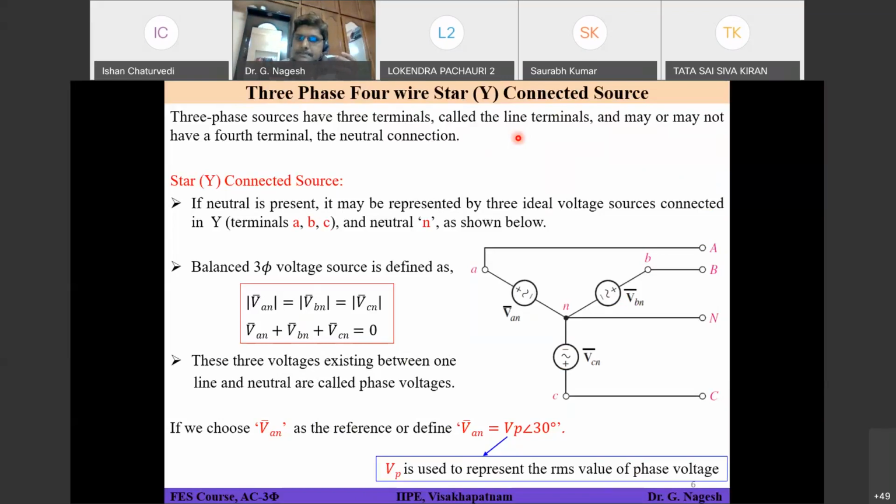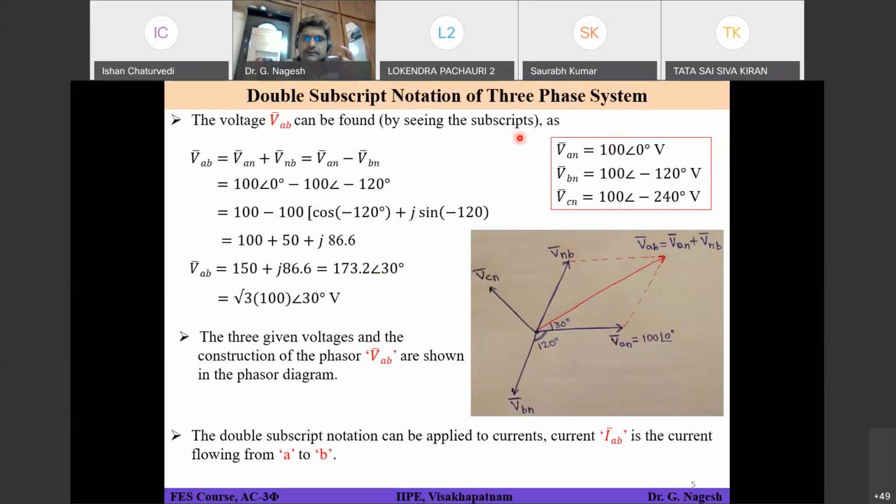Sir, about the previous slide, the vector between VC and VAB according to the parallelogram. You want to calculate between this one and this one? Okay.